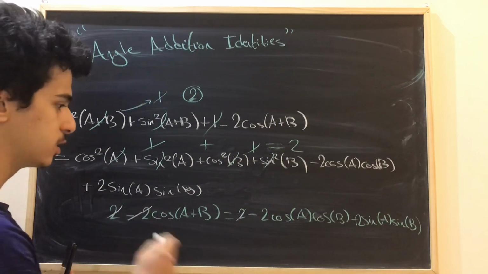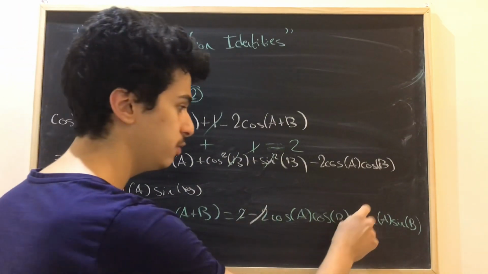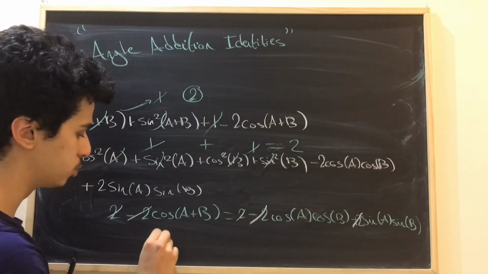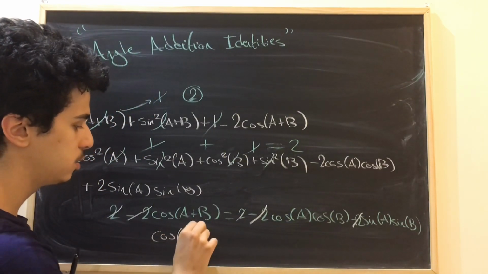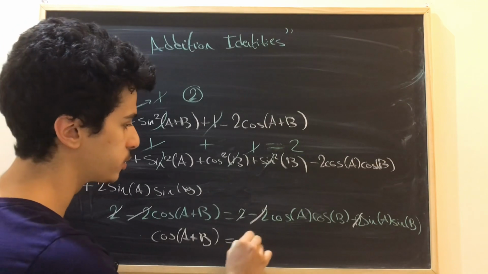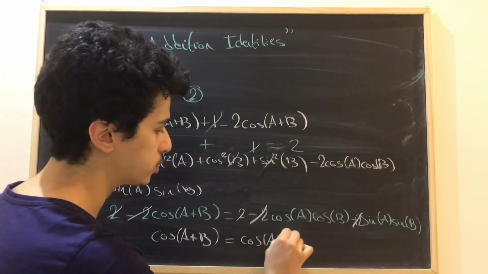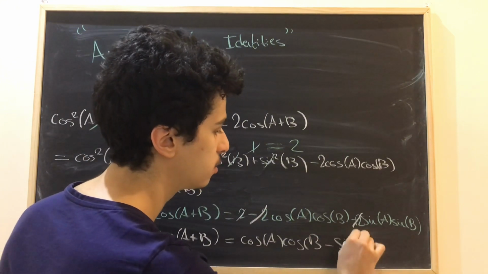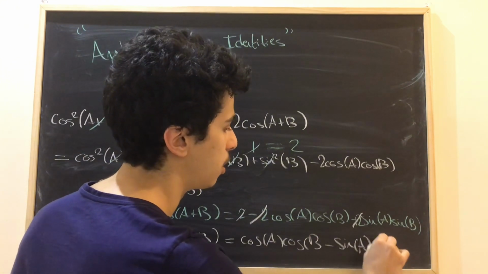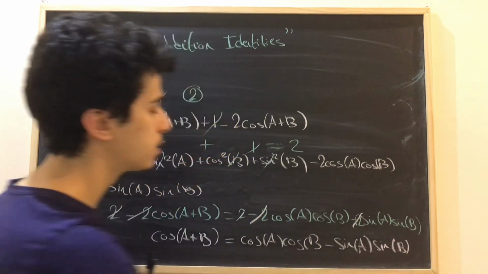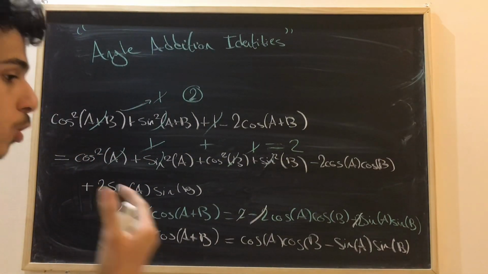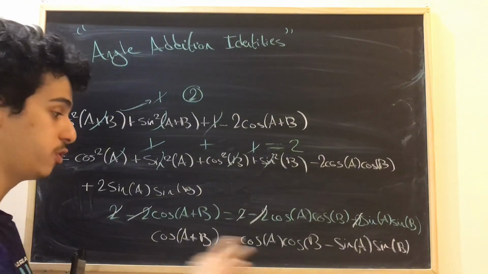We'll get rid of this, but since we have a plus sign, we'll have a minus sign. So cosine of (A plus B) will equal cosine of A cosine of B minus sine of A sine of B. And there we go. We have the angle addition identity for cosine, and everything else will follow from this.